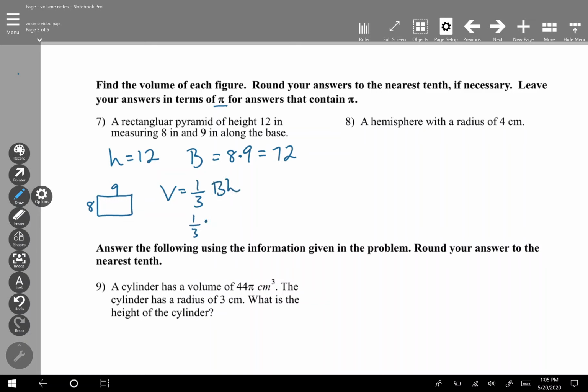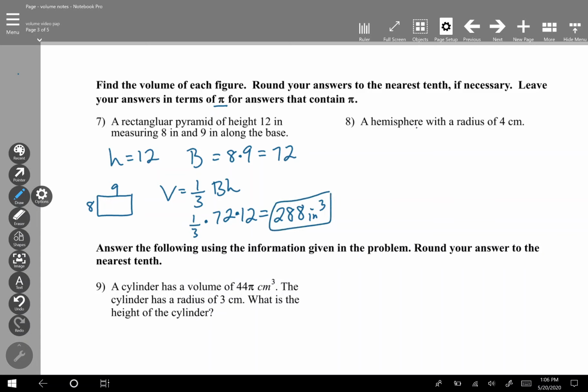So 1/3 times 72 times 12. So again, 1 divided by 3 times 72 times 12. It's 288 inches cubed.